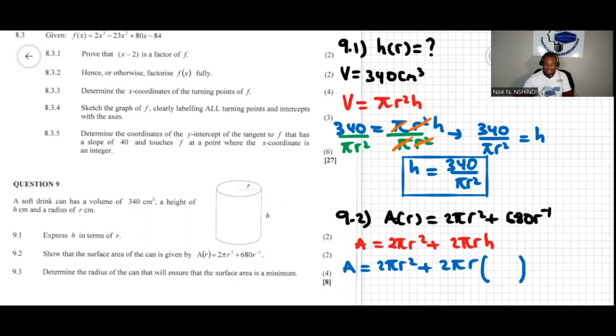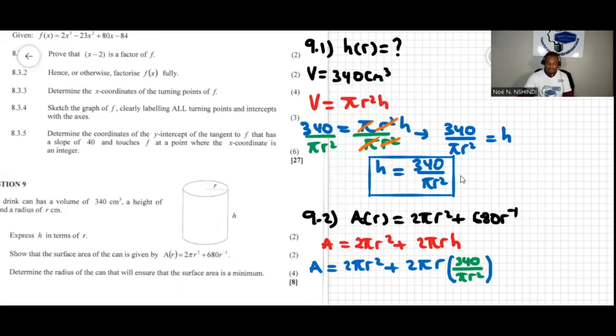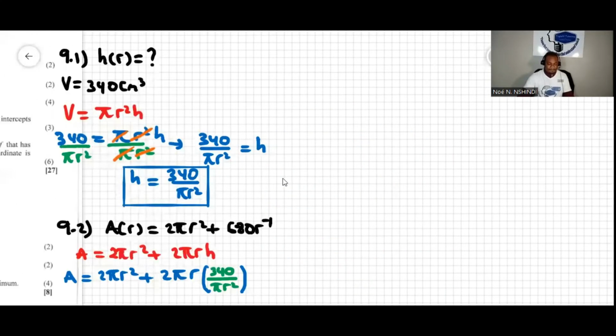And then h is given by 340 over pi r squared. Now we can multiply here.